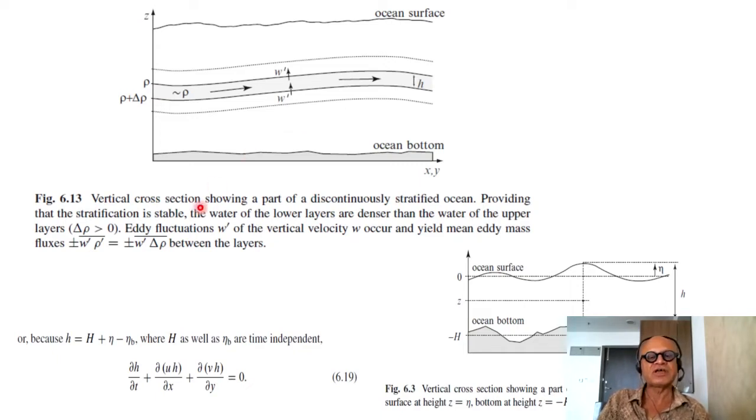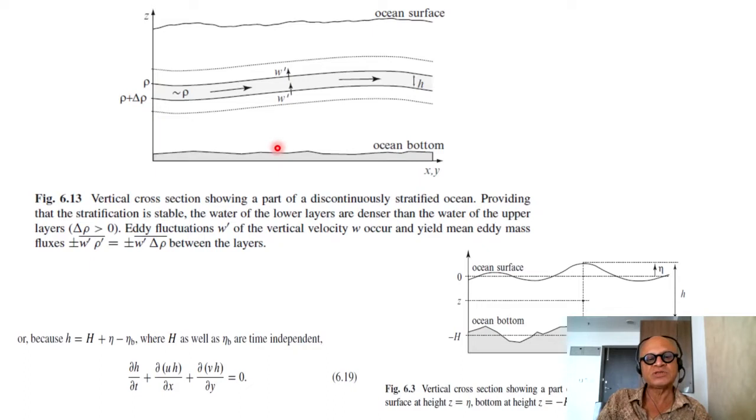In this case we are looking at the vertical cross section, of course, showing a part of the discontinuously stratified ocean. It just means that there are density layers varying between two densities, rho and rho plus delta rho. Providing the stratification is stable, the water of the lower layers is denser than the water of the upper layers. Static stability requires that density increase continuously, so in this case delta rho has to be greater than 0.